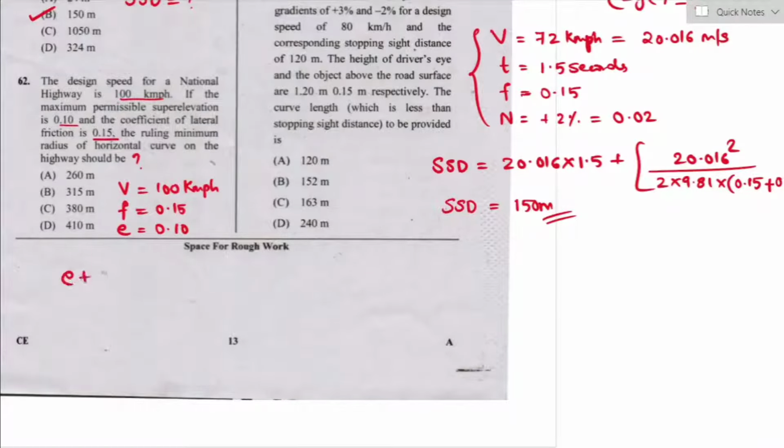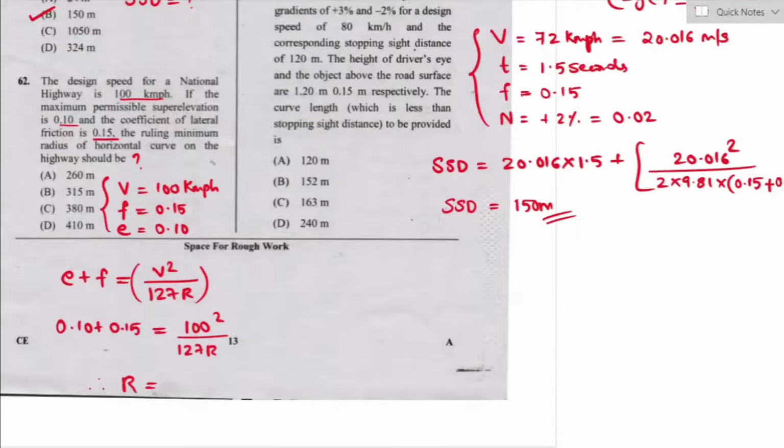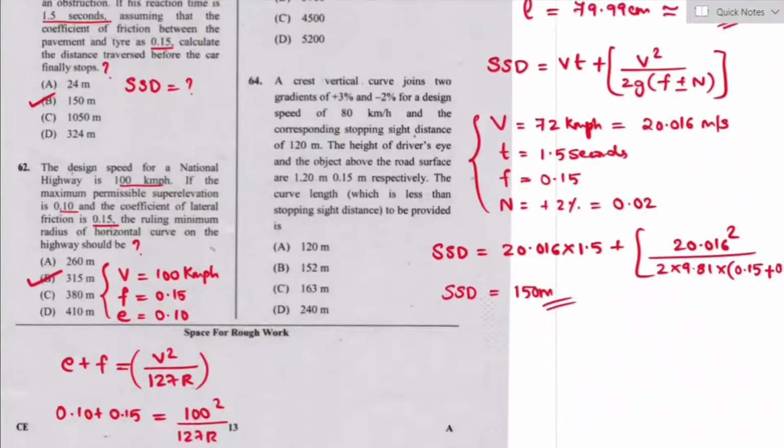As per IRC, the formula to find the ruling minimum radius of a horizontal curve is E plus F is equal to V square divided by 127 R. The ruling minimum radius of horizontal curve will be 314.960 meter. So it is nearly equal to 315 meter. Option B is the right answer.